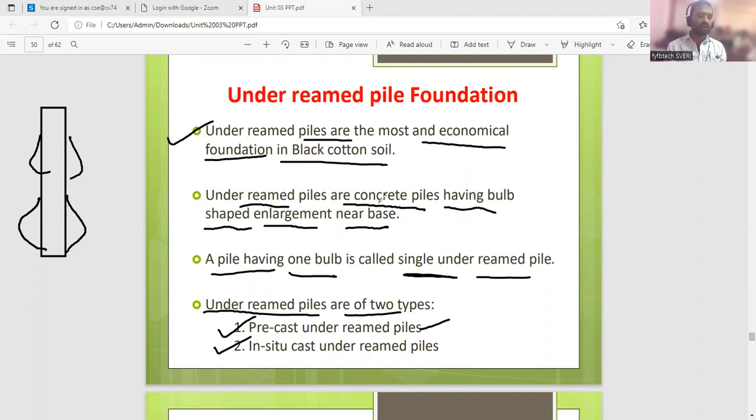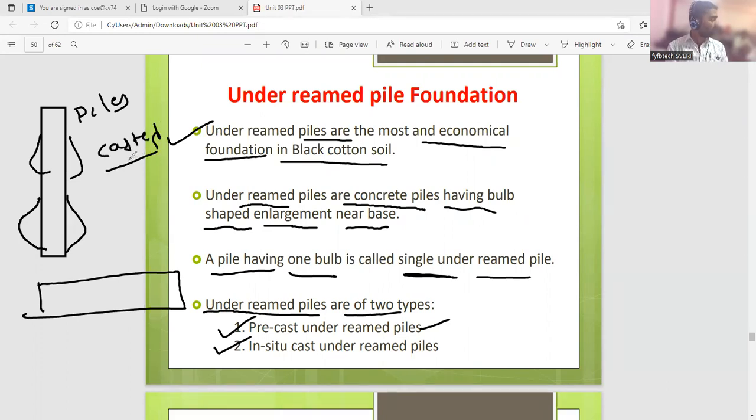Pre-cast means these piles are cast at the laboratory. Cast in situ means if this is a site, they will dig this and directly pour the concrete here. That is called cast in situ piles.